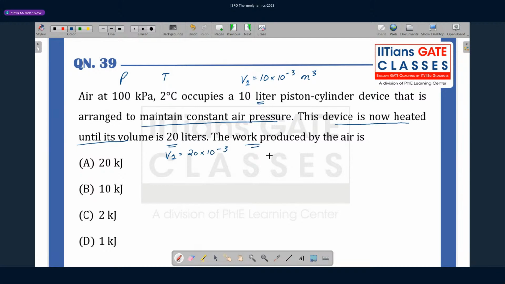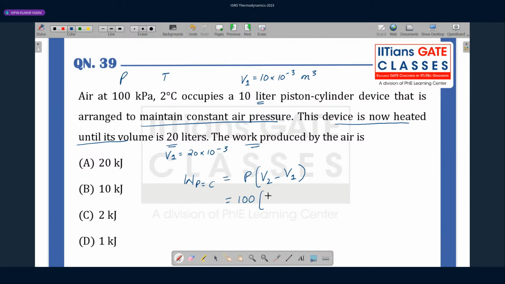So you see, what is this process? This is a constant pressure process, and you must know how to calculate work for it. If you don't know how to calculate work for a constant pressure process, then it is very difficult. Okay, then you are doing something wrong, because it is a very basic concept. Work done in a constant pressure process is pressure times final volume minus initial volume. Now, what is the pressure? It is 100 kilopascal.